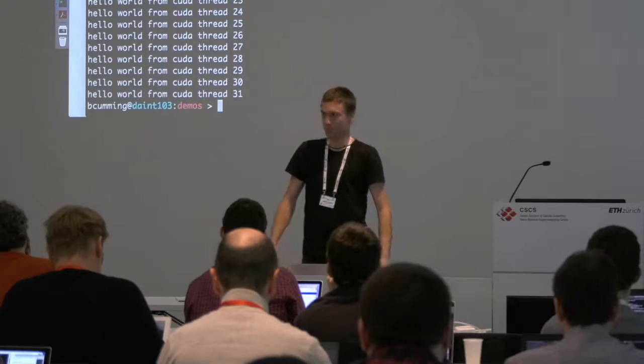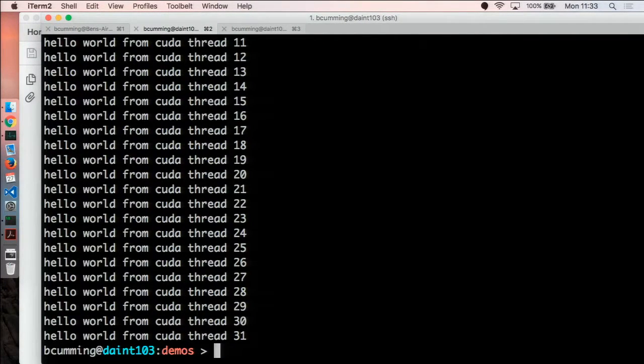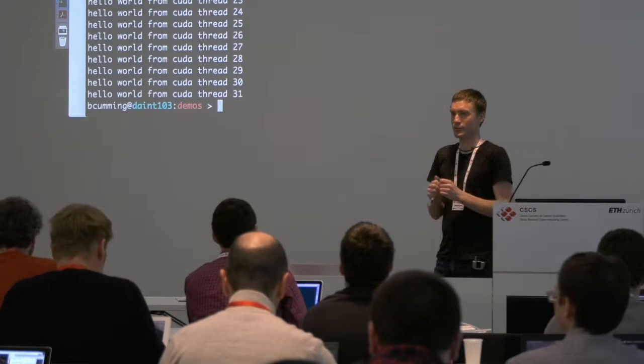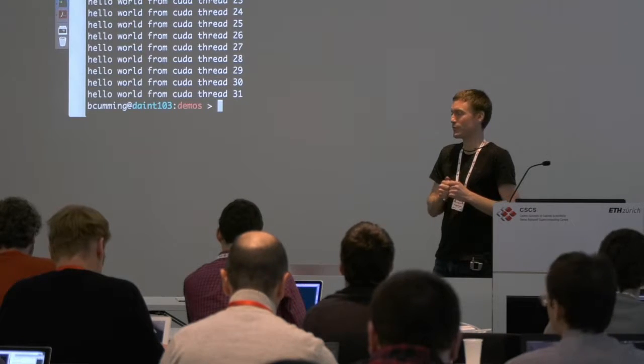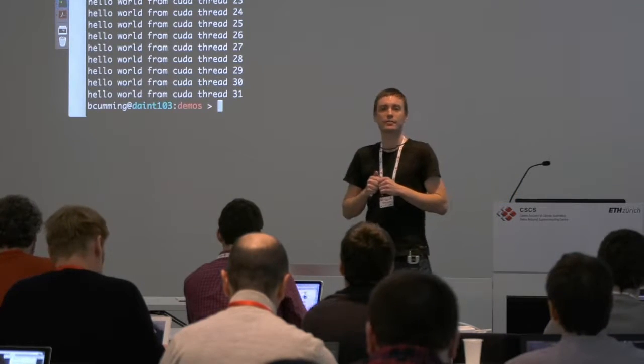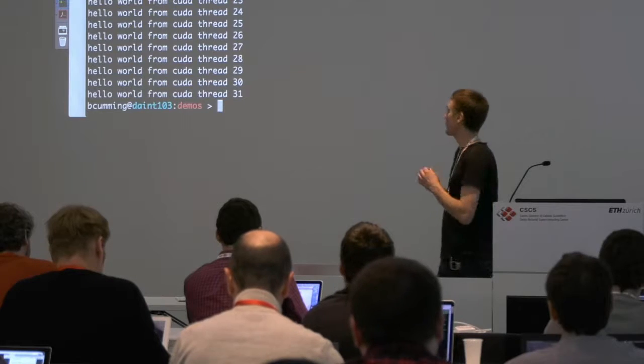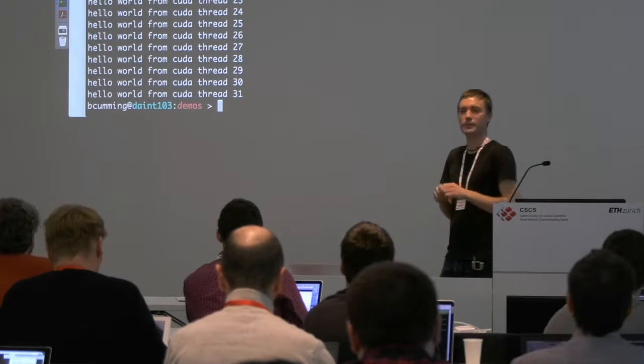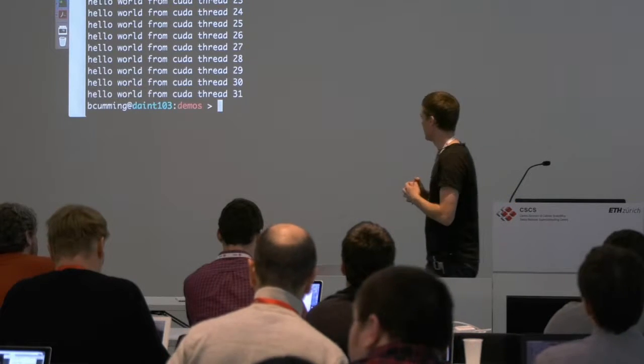You never want to do printf from a CUDA kernel. So has anybody not been able to reproduce that? Because I'm quite happy to take the time to make sure that everybody can do this, because we're going to be doing lots of exercises, so it's good to have everybody ready to go and debugged. Okay.